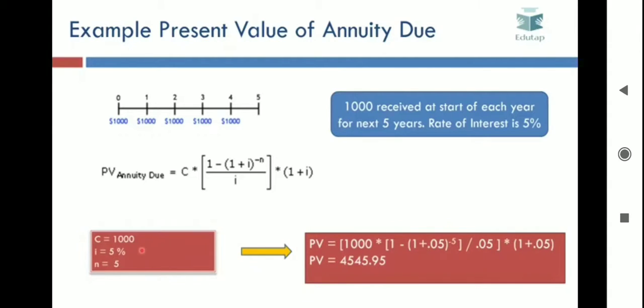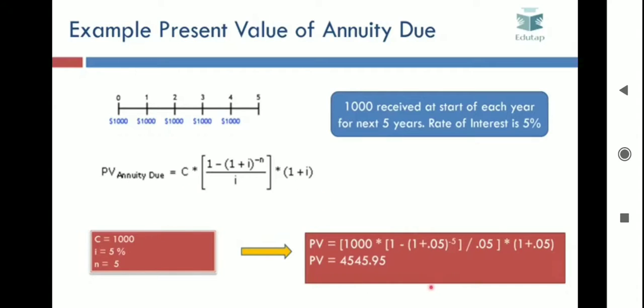C in this formula would be 1000, that is your amount which is being invested in annuity due. I, that is rate of interest, would be 5%, and N, that is the duration of this annuity, would be 5 years. If you put these values in this formula, C is 1000, I is 5%, that is 0.05, N is 5 years, your equation will become something like this: 1000, that is C, into 1 minus (1 plus 0.05) raised to the power minus 5, divided by 0.05, into (1 plus 0.05).